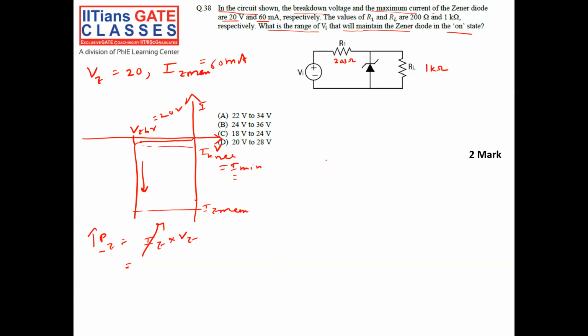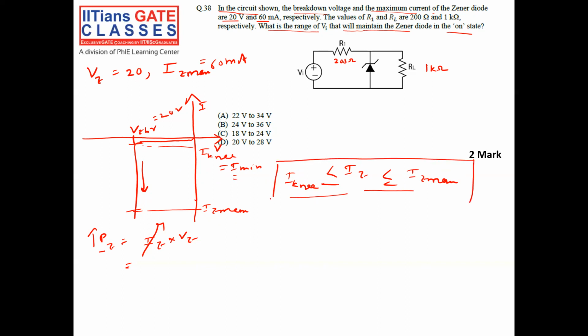For my Zener diode to operate as a Zener diode, the current in it should be more than the knee current and less than the maximum current. The first condition is for making the Zener diode break down. The second condition is to ensure the power dissipation in the Zener diode is less than the rated value. So this is the concept, and it is very important, you have to remember.